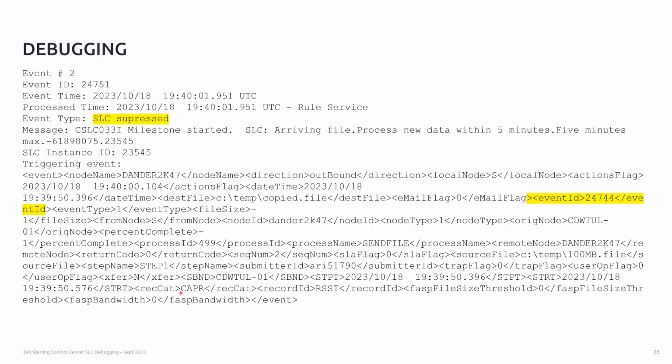So now we have an SLC suppressed. You can ignore this. It's a milestone started. This was the triggering event, and it's actually the same triggering event that started the workflow. It's that remote step start that did a copy that had a destination file name that matched our SLC's match criteria.